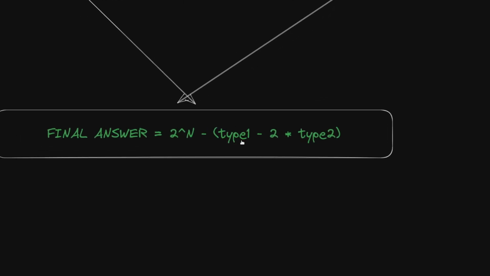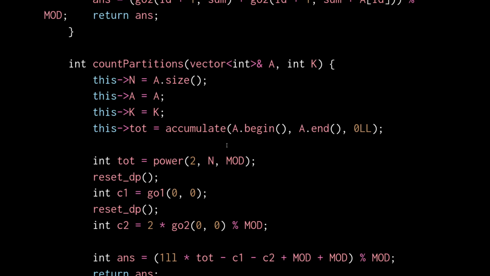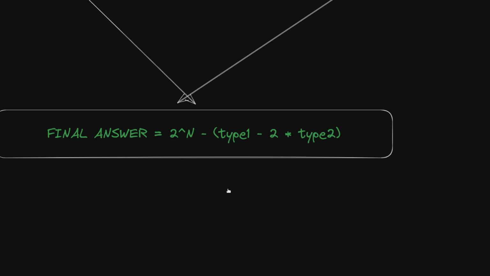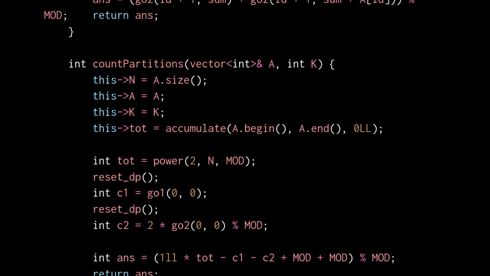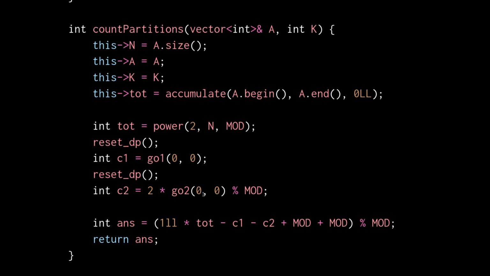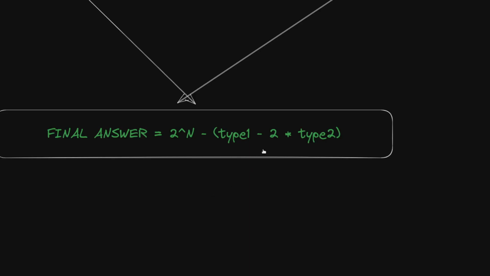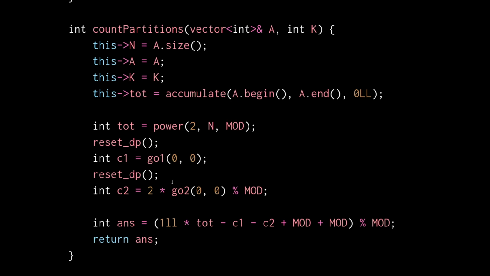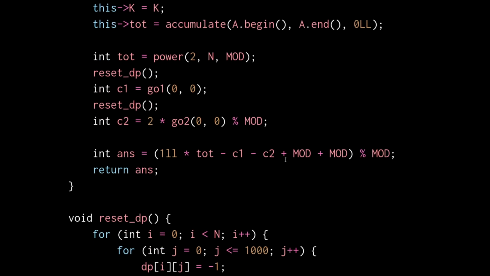So type 1 count will be c1 and type 2 count will be c2, and the respective functions for calculating them will be go1 and go2. And as we saw earlier, the count will be multiplied by 2 for type 2 because they were equivalent, and the final answer will be total minus the subtracted counts for type 1 and type 2.